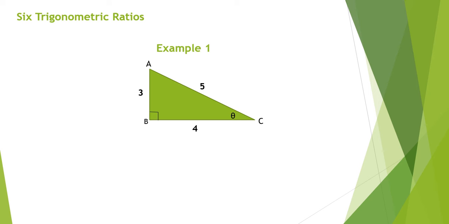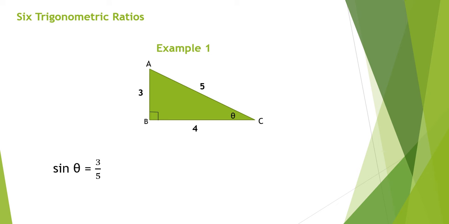We know that SOH means sine equals opposite side all over hypotenuse. In the given example, the opposite side of theta is 3, while the hypotenuse is 5. Therefore, sine theta is equal to 3 over 5, while the cosine is equivalent to adjacent side all over hypotenuse.